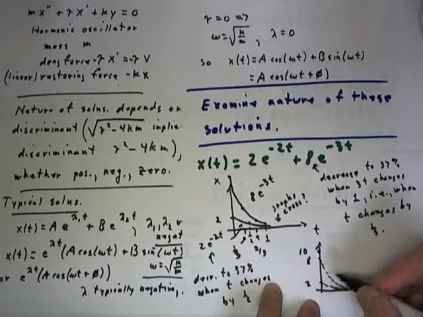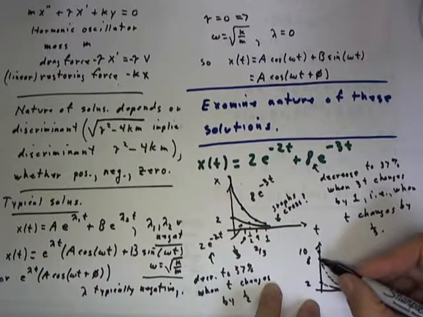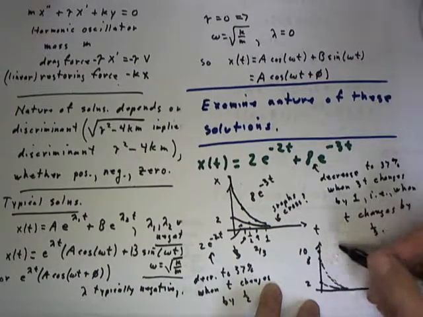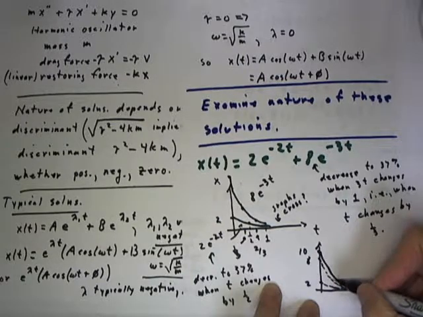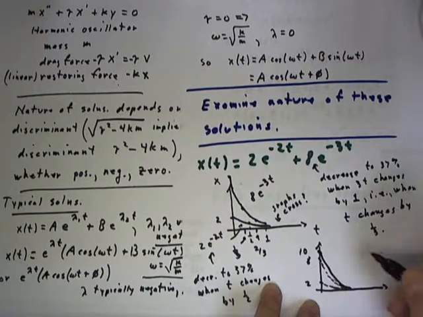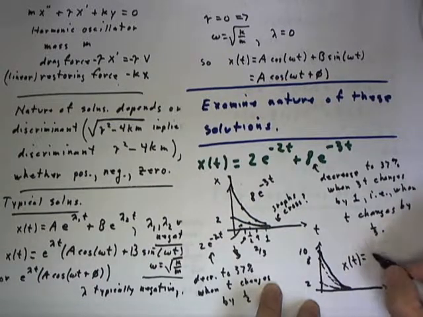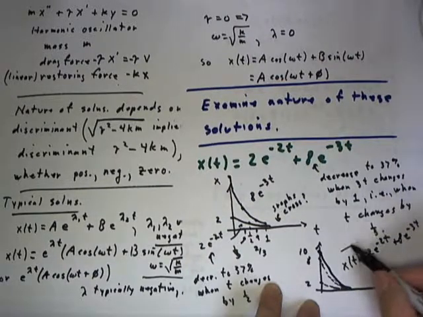At any other point, whatever we add from this function is going to give us something a little higher than this function. We see that the sum of the two functions is going to behave something like this. So here's our x of t equal 2e to the negative 2t plus 8e to the negative 3t.